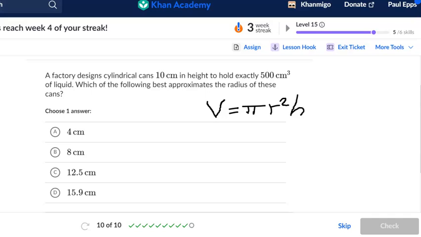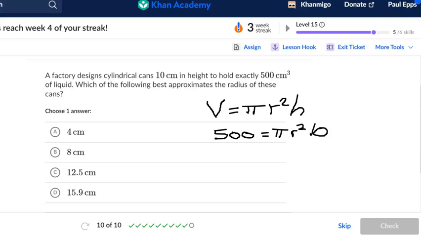Now, what do we know here? Well, we know the volume. So the volume is going to be 500 equals pi r squared times 10.